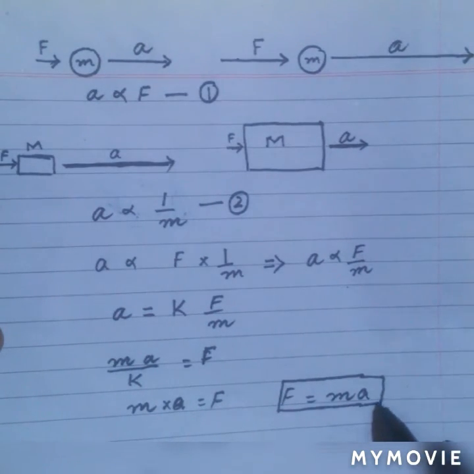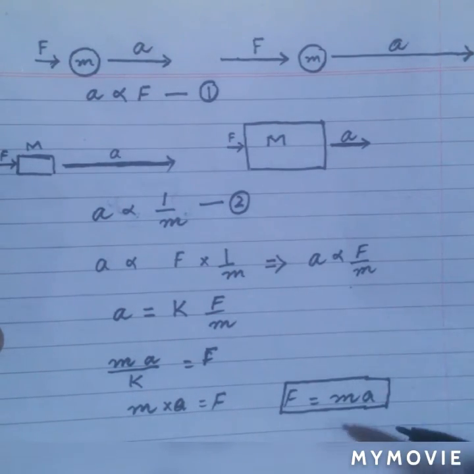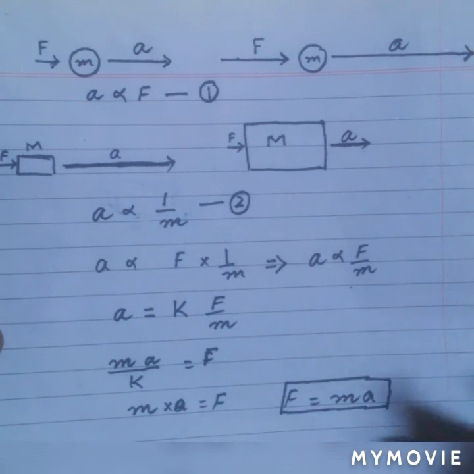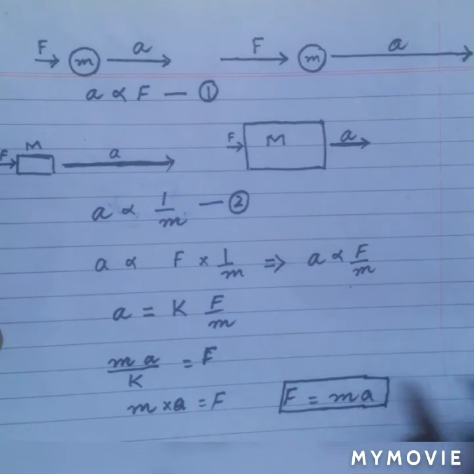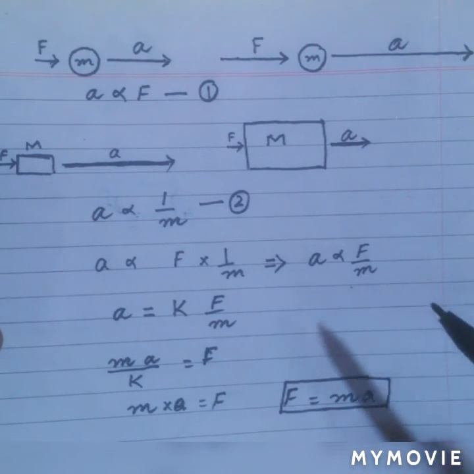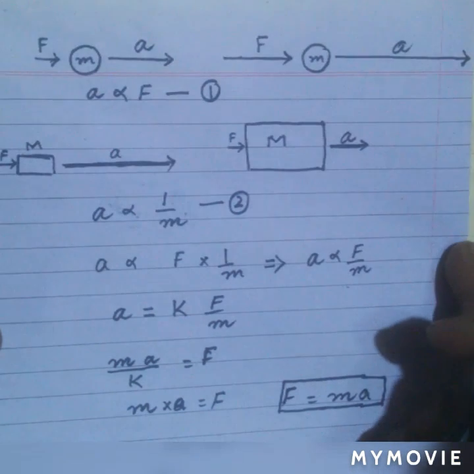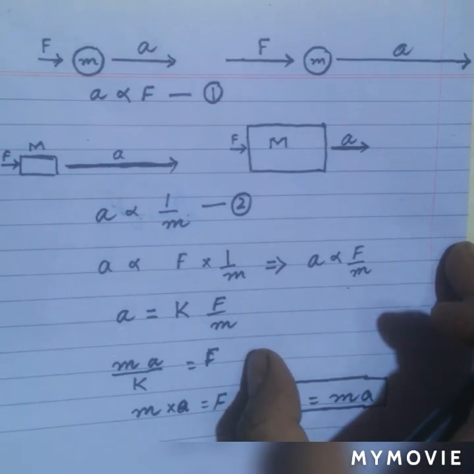And this is the same equation which we were trying to prove. So by the help of this argument, we can say that F is equal to ma can be shown by the help of Newton's second law of motion.